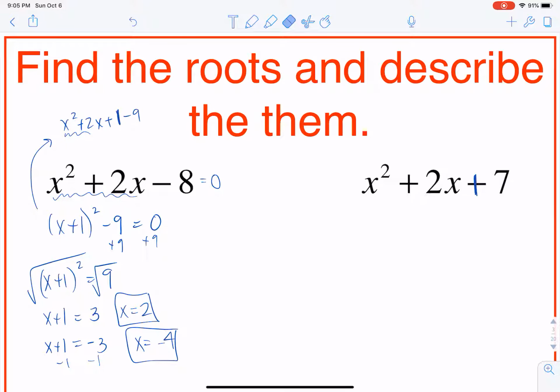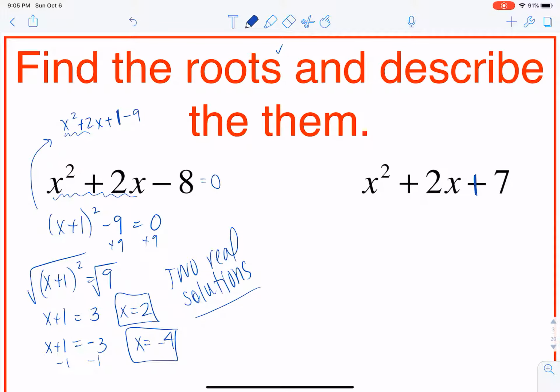So I found the roots, which is great, and now to describe them: this quadratic has two real roots. x equals 2 and x equals negative 4 are very much real numbers. So it has two real solutions.